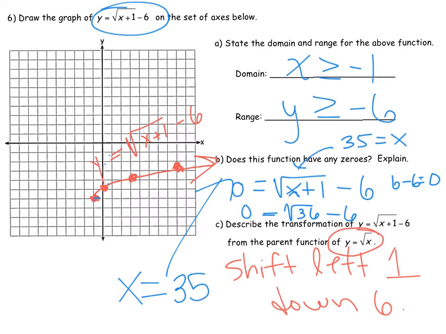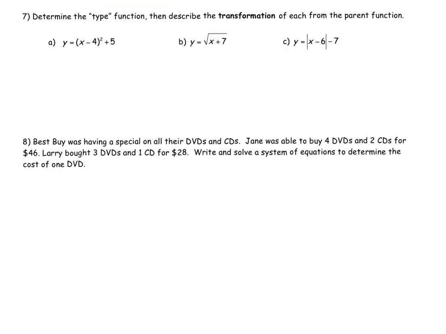Alright, I want to move right along to question number 7. Again, you guys need to know the difference between your functions when I'm referring to the parent functions. If you look at question number 7, it asks what kind of function this is. Because this thing is being squared, this is a quadratic. If I look at the second one, letter B, this is a square root function.